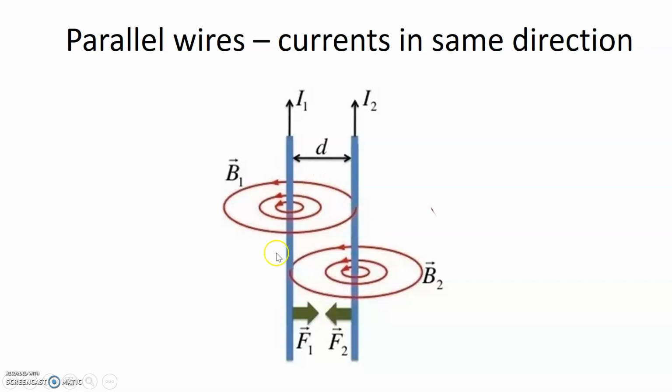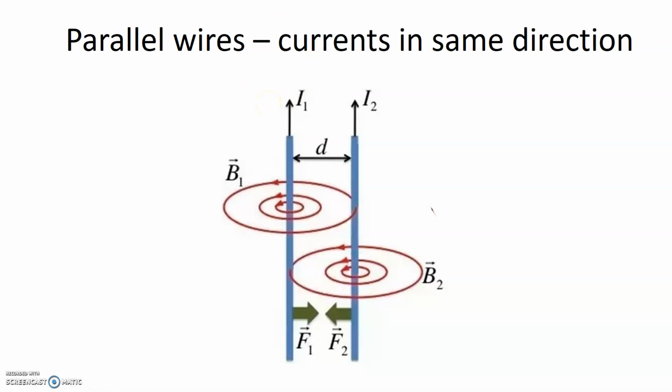Now if we look at the force on wire 1 from wire 2, the magnetic field B2, when it enters the wire, it's going to be coming out of the screen. So we put our right hand with our fingers going out of the screen. Our thumb should be pointing up, because the current I1 is going upwards.